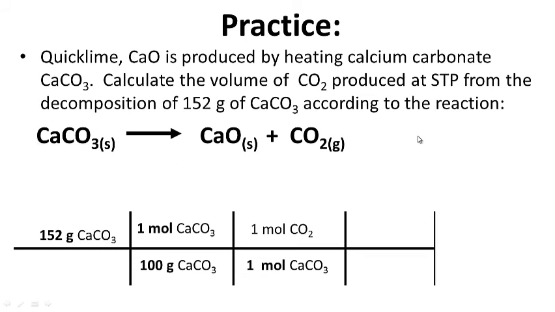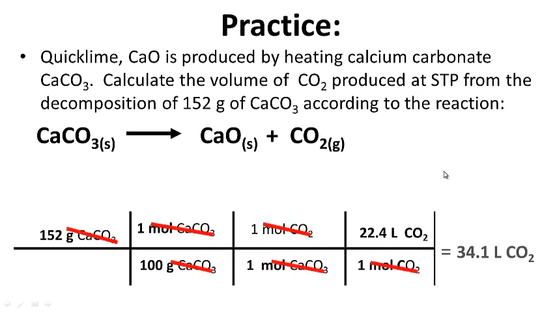It's our molar ratio. And finally, we know 22.4 liters of CO2 at STP is equal to 1 mole of CO2. I have moles here, I'm going to need moles of CO2 there. Our units cancel, and we get 34.1 liters of CO2 can be produced. Hopefully you got that right.